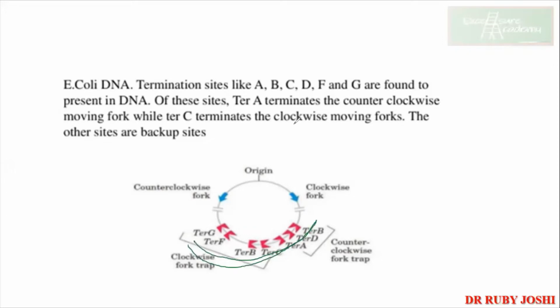Now, when you have got the counterclockwise fork coming, okay, so which is going to stop? Can you see it over here? Direction देखो यहाँ पे, TER C, TER B, TER F, TER G का direction इस तरफ है, ऐसा बना हुआ, right? TER A, D and B का direction इस तरफ है.